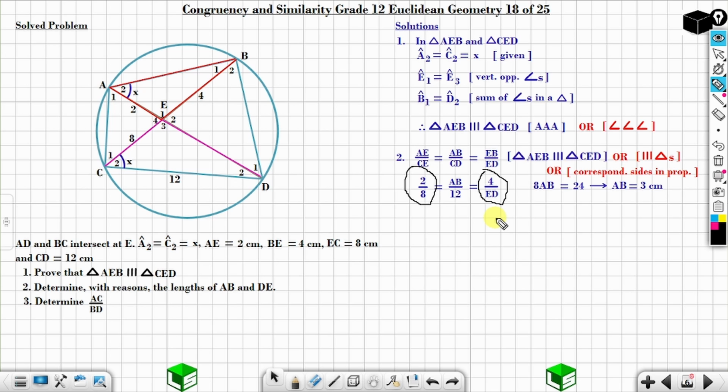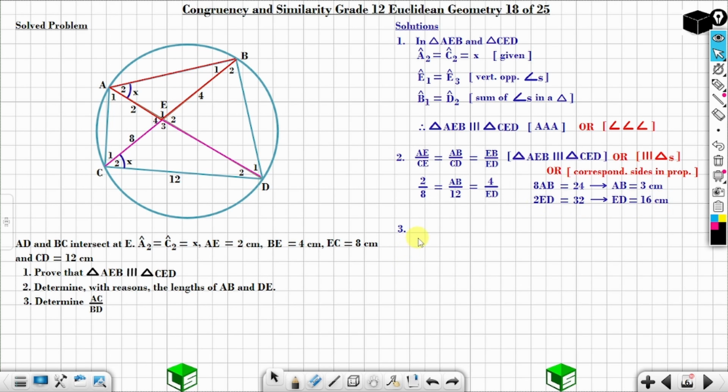You have one unknown. So cross multiplication, 2 times ED equal to 8 times 4, which is 32. Now ED is equal to 16 centimeters.